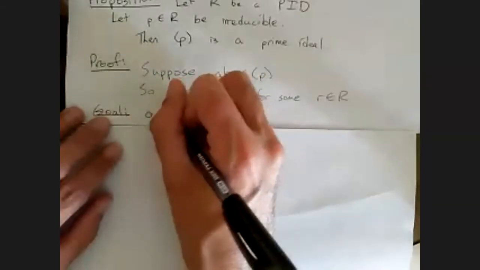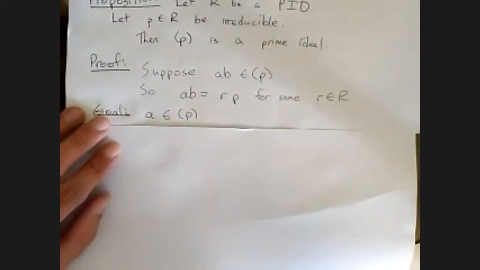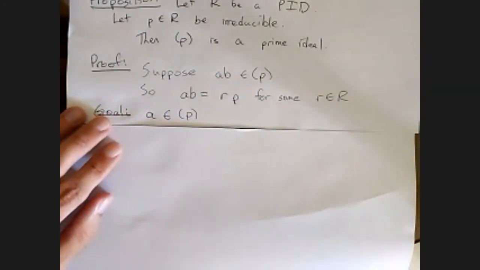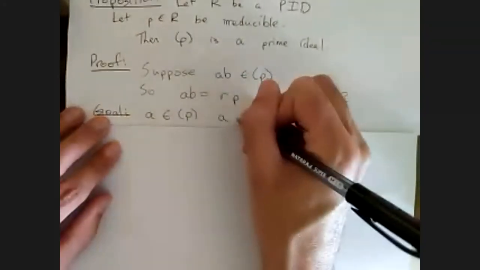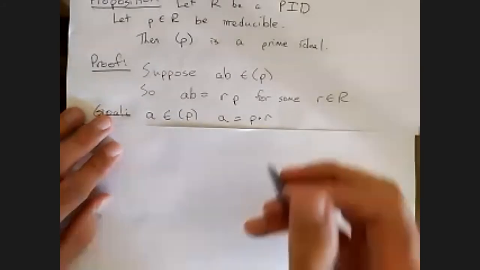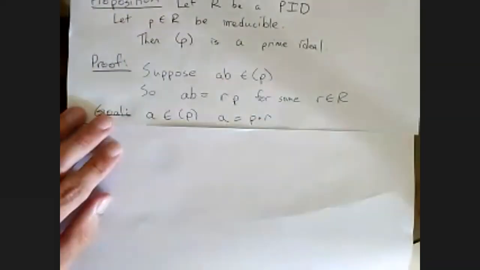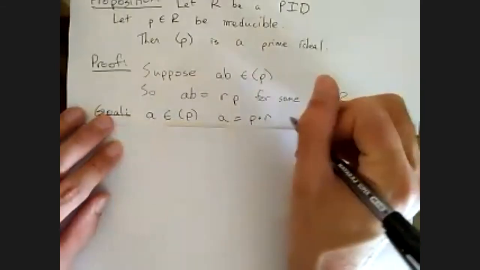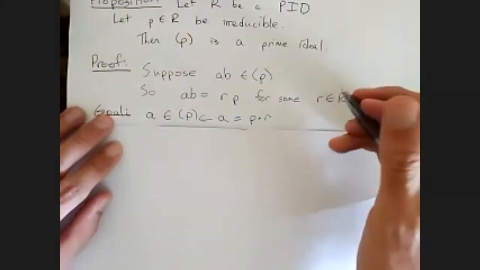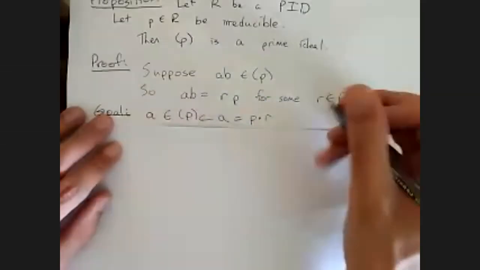Our goal is to get A as an element of the ideal generated by P. Or another way to write that, our goal is to say that A is equal to P times R. Another way to say that, actually a condition that would imply that, is like saying that P divides A.